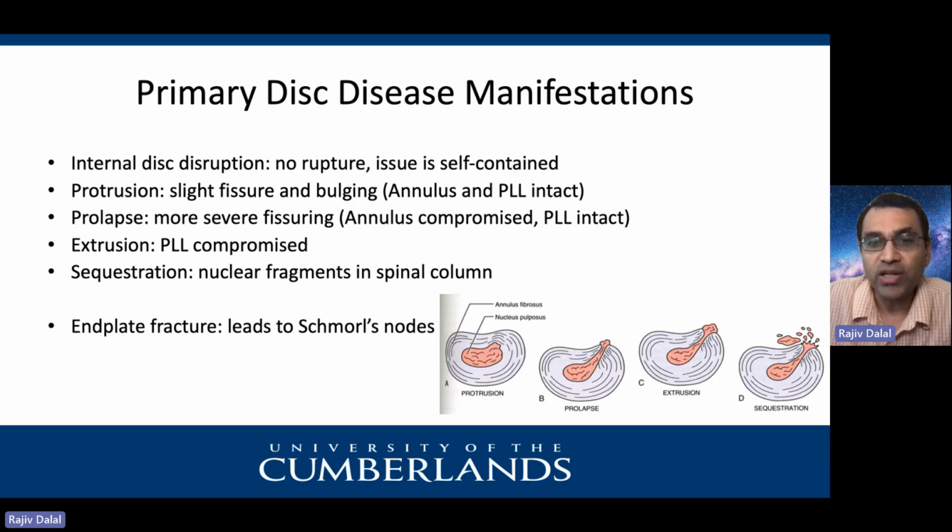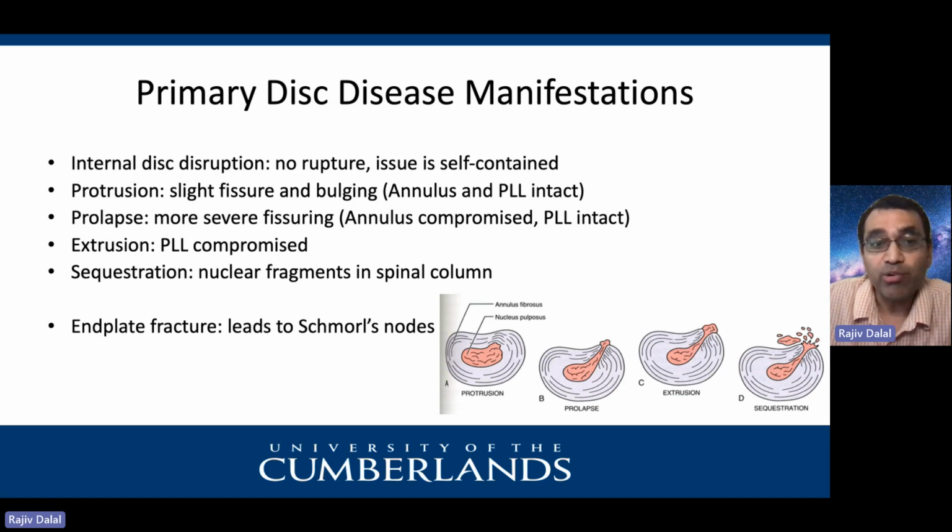So a protrusion is just some fissuring within the annulus fibrosus. However, the annulus fibrosus remains intact, as well as the posterior longitudinal ligament. But the person may have some bulging. So there is some bulging of nucleus pulposus material into those concentric layers of the annulus fibrosus.